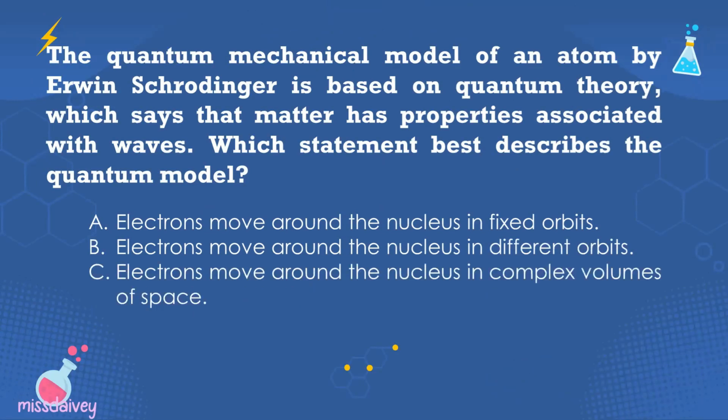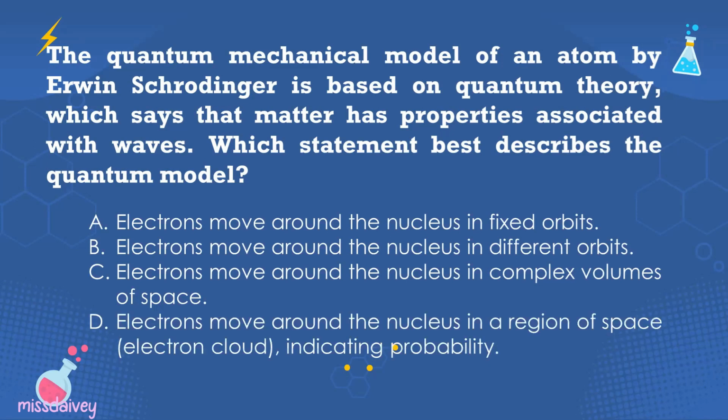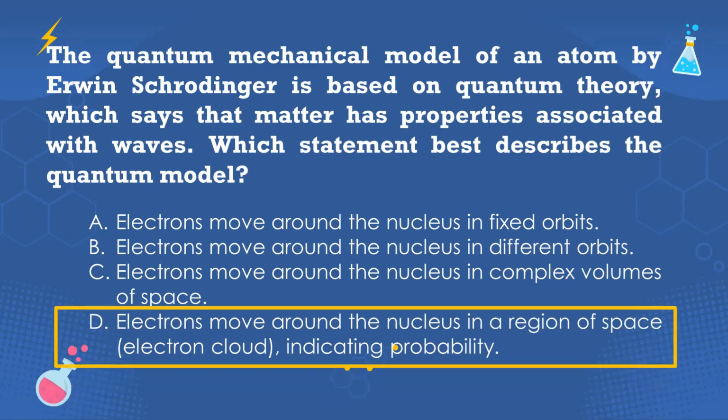C, electrons move around the nucleus in complex volumes of space. Or D, electrons move around the nucleus in a region of space or electron cloud indicating probability. The correct answer is letter D. Electrons move around the nucleus in a region of space or electron cloud indicating probability.